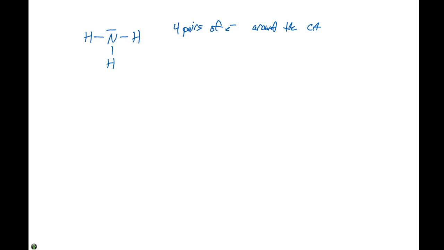So if we have 4 pairs around the central atom, our electron domain geometry is going to be a tetrahedron. And if we have a tetrahedron, the hybridization is going to be sp3. So we now need to know what our molecular shape is going to be.